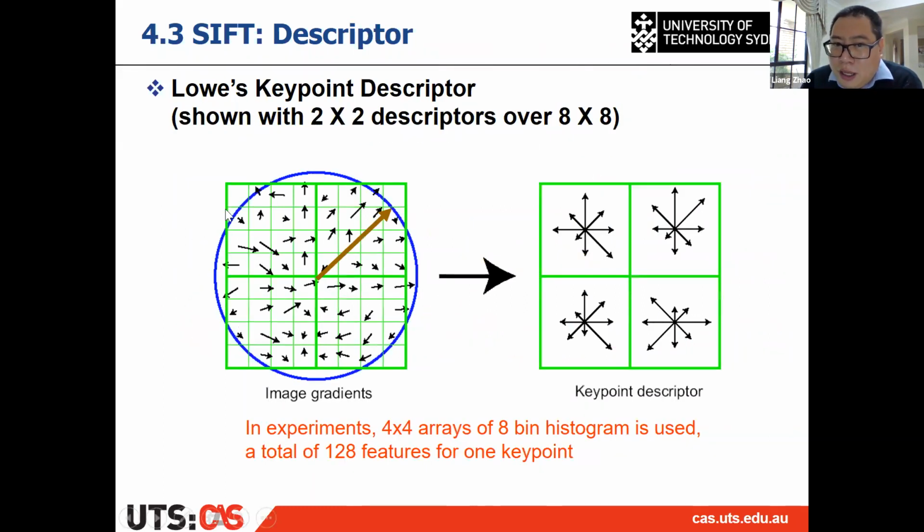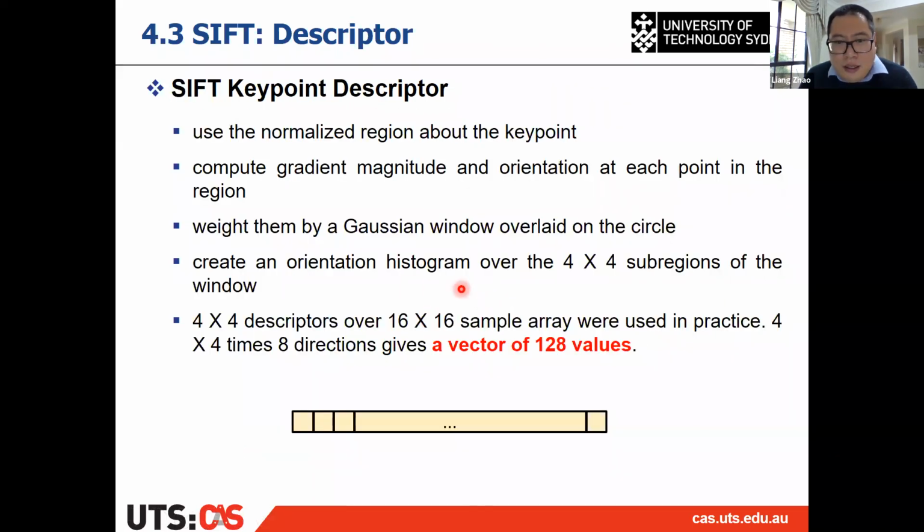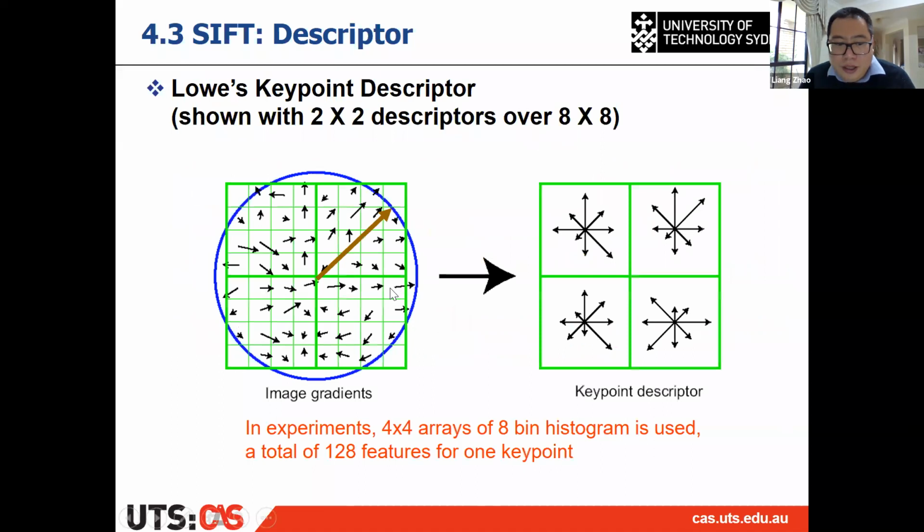So each block is 4 by 4 pixels, but the difference is that for SIFT descriptors, it calculates on a 16 by 16 pixel area divided into 4 by 4 blocks. And in each of the blocks, it calculates the histogram of the gradient the same way as what we introduced here.